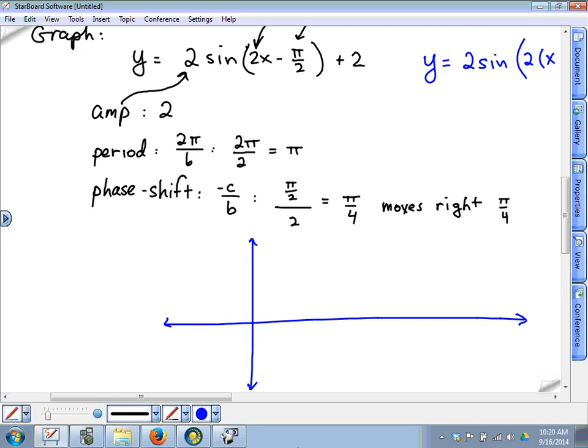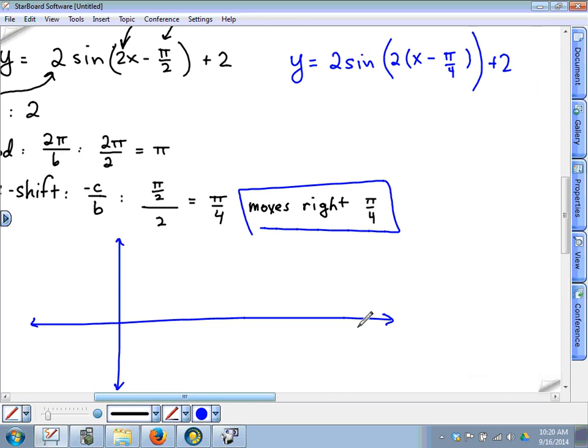So, depending on who you had last year as a pre-calc instructor, they might have shown you a little bit differently. The way I showed my students was to consider the transformations. It's not only moving to the right pi fourths, what else is happening? It's also moving up 2 units. So I'm going to perform that transformation. If this is pi fourths, and this is 2, then I'm going to go to the right pi fourths and up 2.